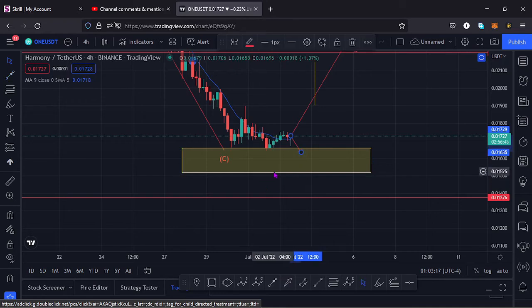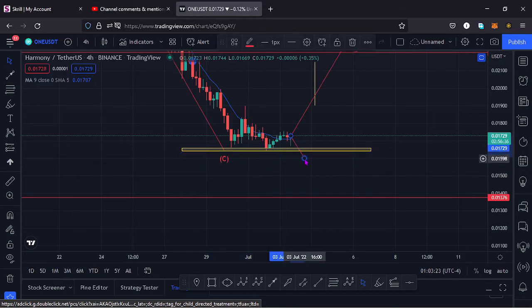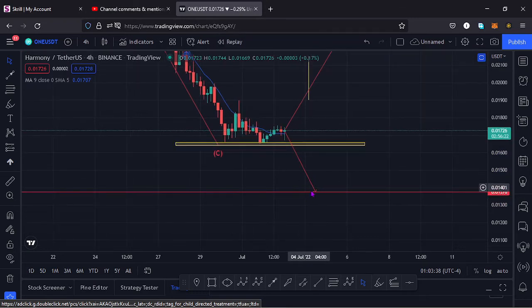Once we lose that key area of support, that would mean even lower prices on the Harmony One chart, and that move can take us to around the $0.013 mark, and that would be the worst case scenario for Harmony One. From there, maybe we might find support at that area and then bounce to the upper side, or we can continue pushing to the lower side.